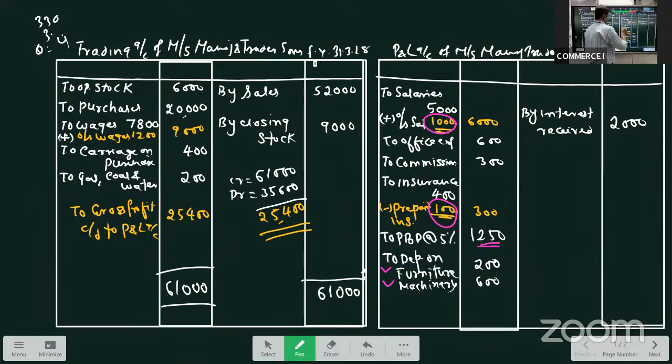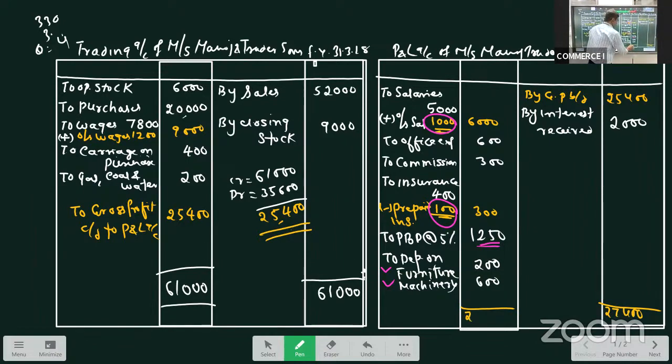So this gross profit we will show on the credit side by gross profit brought down, 25,400. Then with the other income, this will get 27,400.